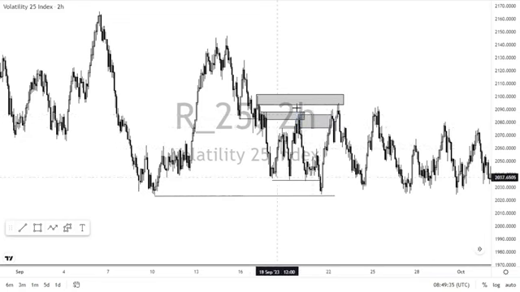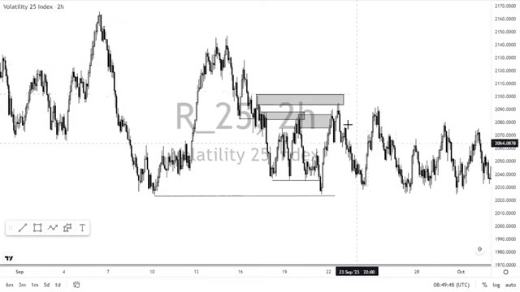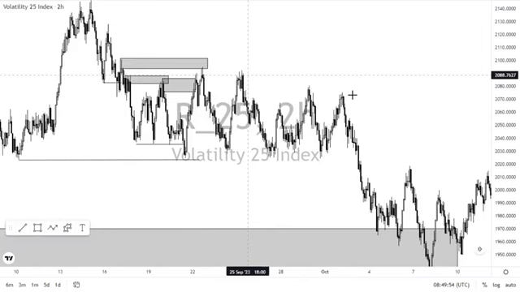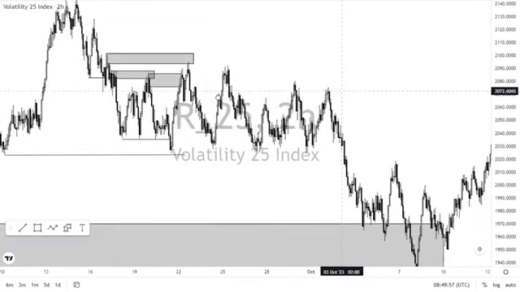Market took out this low, then came back and took out this high, and then used a particular supply zone for a continuation. What happened at this area here is major inducements being taken. I'm going to explain that to you guys in another video. Just wait for that video. You see, a lot of things happened here.